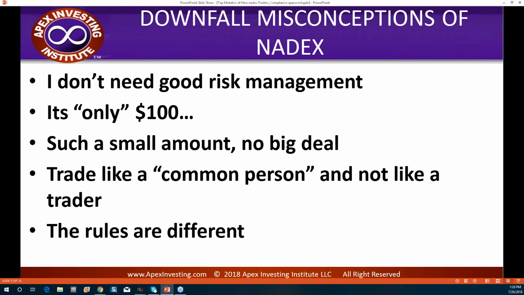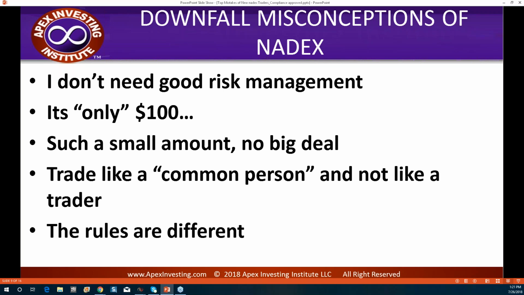What are the downfalls? Okay, and notice I didn't say what are the downfalls of Nadex. Read the top. The downfall misconceptions of Nadex. Okay, this is where you have to be careful with your own head and your own mentality, your own psychology, and your own excitement.